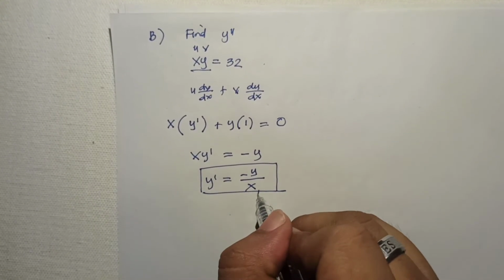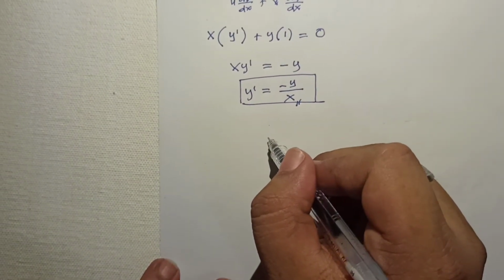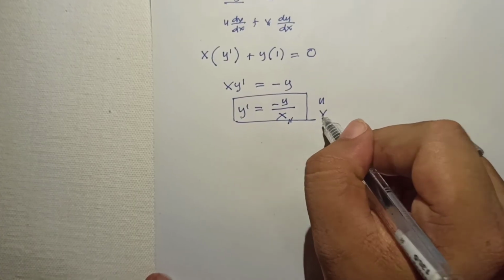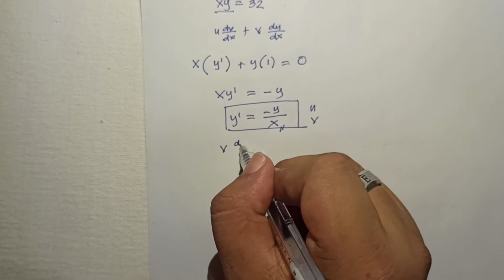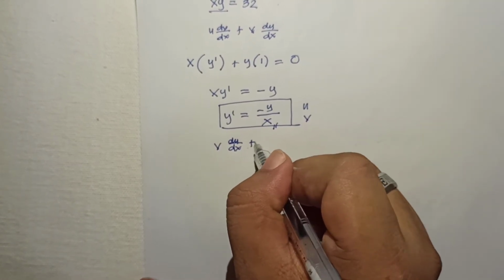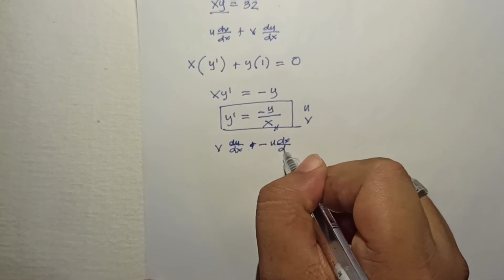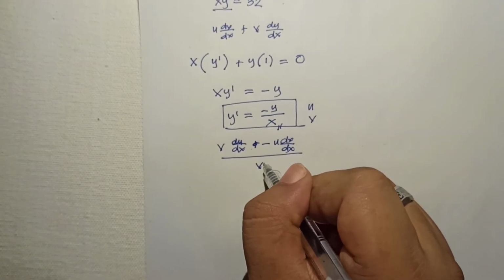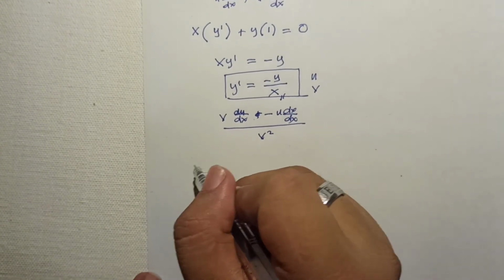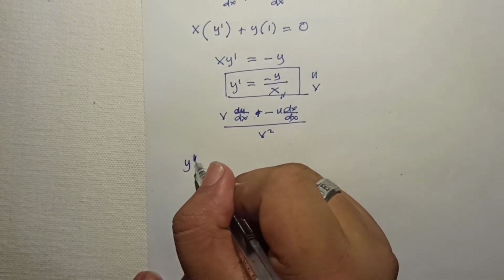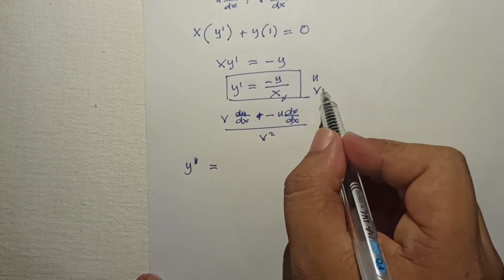Since we need to take the second derivative, let's proceed. So this is our u and this is our v. So this is in the form of v du over dx minus u dv over dx, over v squared. So first we need to copy v for our second derivative.